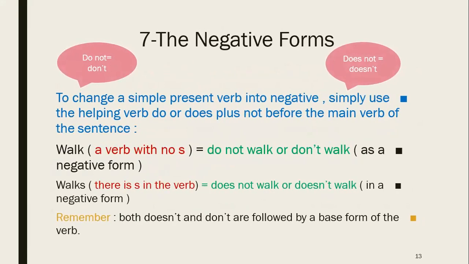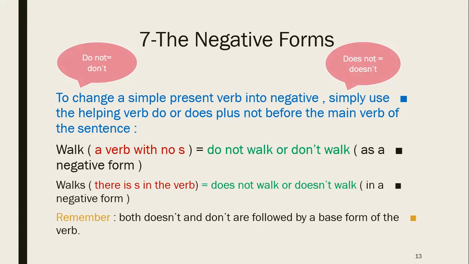If we wanted to change a verb in the present simple into a negative form, we use either do not plus the infinitive form or does not plus the infinitive form. When do not and when does not? A present simple verb that ends in s, like walks, goes, reads, runs, changes into negative with does not or doesn't as a short form, plus the infinitive form.